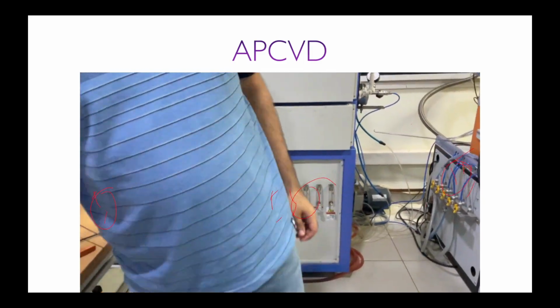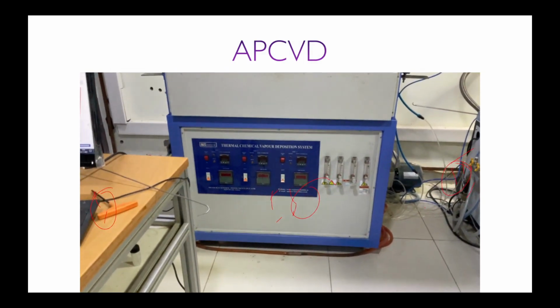Below is the heater. We have to switch on the MCB, and the temperature control is there in that case.